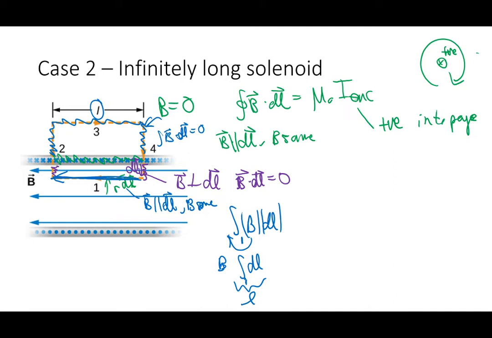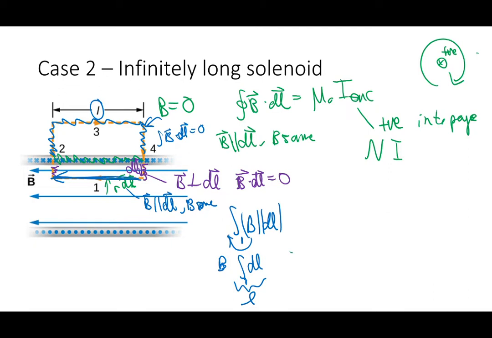We're enclosing a number of wires based on how long my Amperian loop is. This length of the Amperian loop we draw arbitrarily. It doesn't matter how long we draw it. It has nothing to do with the length of the whole solenoid itself. That's infinite. So that's going to be some number times the current through each of the loop.